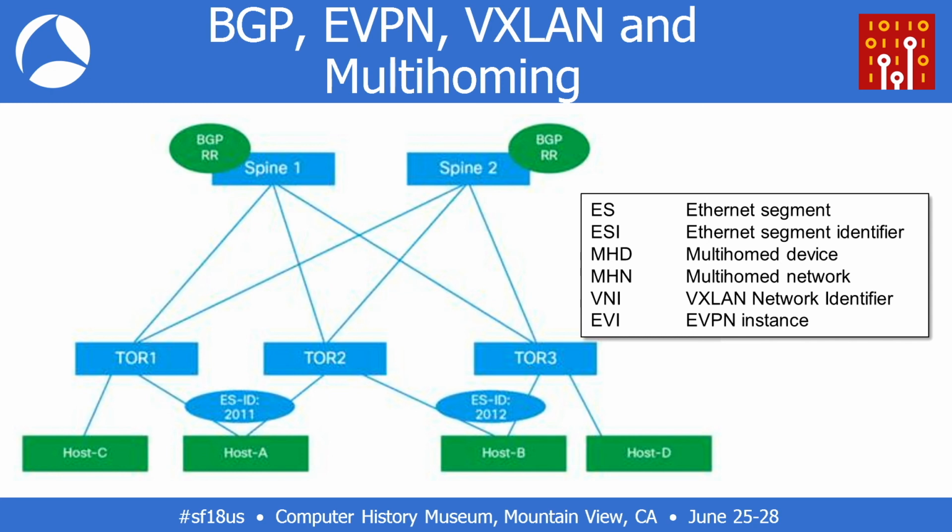But you have your spine and leaf design with top of the rack switches, and then the multi-homed server or host, and Ethernet segment, ID and VNI and whatever. All these buzzwords. And right now, to have a clear view of this BGP and how they work together and how you troubleshoot, that is a challenge for you guys, because you're sitting here in this session to learn more about that.